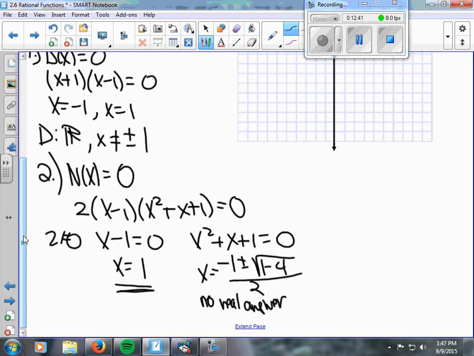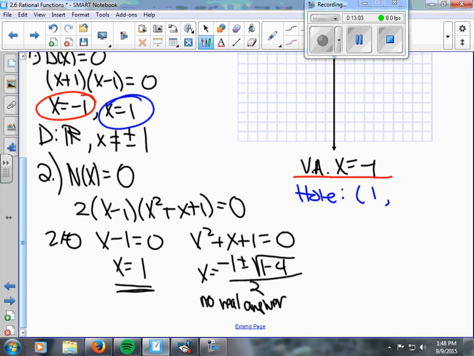All right. So I have a vertical asymptote at x equals negative 1. That is from this one. Here the denominator equals 0, but notice the numerator did not. But I also have a hole, and the hole is where x equals 1, because that is a 0 in the numerator and the denominator.